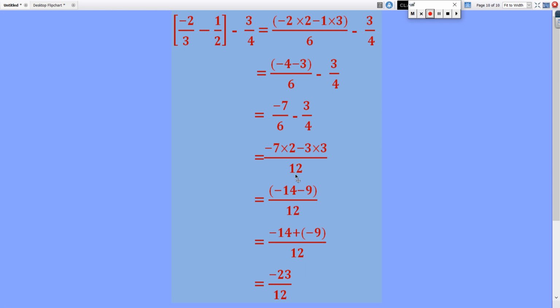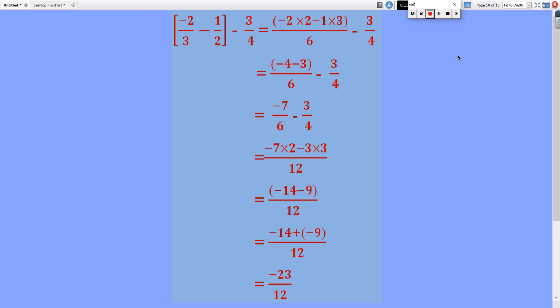Here 6 and 4, LCM is equal to 12. So it is negative 7 into 2, 6 2 times, and 4 3 times. So 3 into 3 by 12. That is negative 14 minus 9 by 12, that is negative 14 plus negative 9 by 12. You will get negative 14 plus negative 9 is equal to negative 23 by 12.